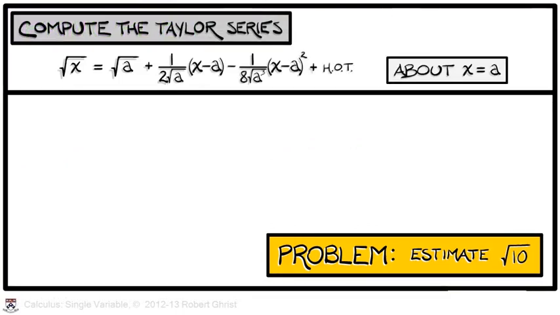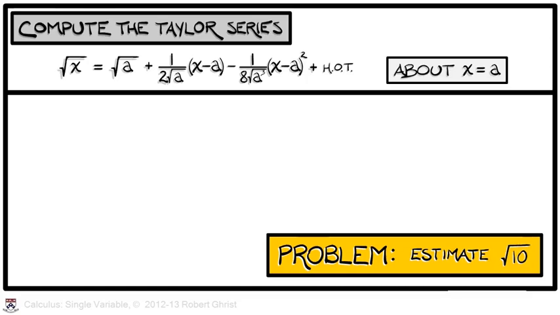If we expand that about a point x equals a, then I'll leave it to you that the first few derivatives work out to a Taylor series of root a plus 1 over 2 root a times quantity x minus a, minus 1 over 8 times the square root of a cubed times quantity x minus a squared, plus some higher order terms in x minus a.